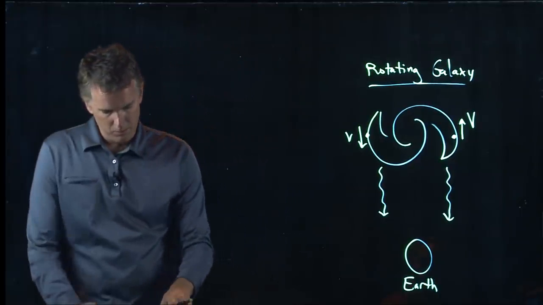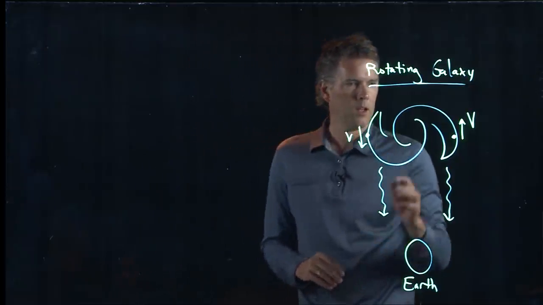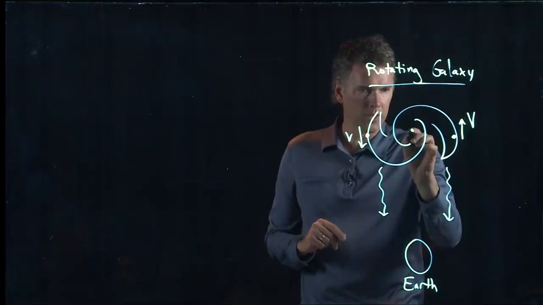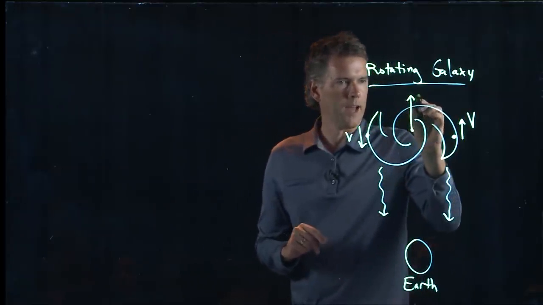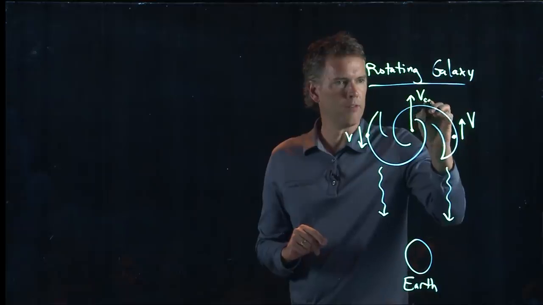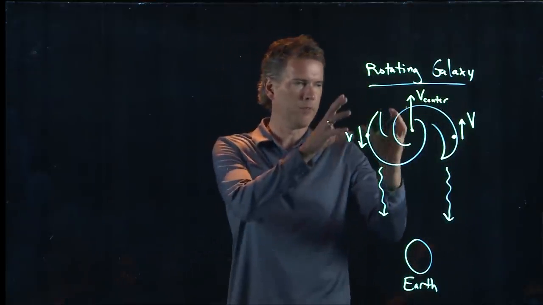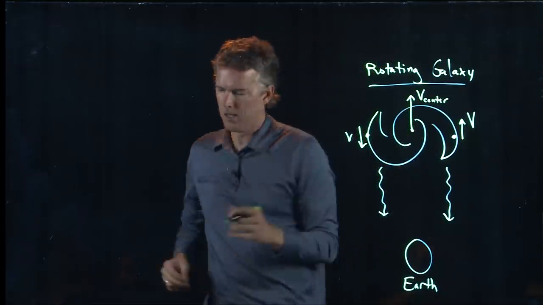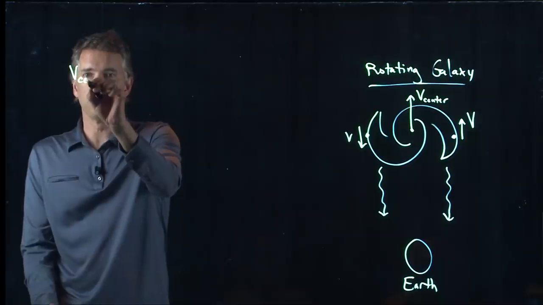Okay, so we're going to say that not only is the whole thing spinning, but the whole thing is moving away from us, and we'll call that speed v of the center. Okay, it's moving away from us and it's rotating, so we have this complicated system, and let's write down some givens.